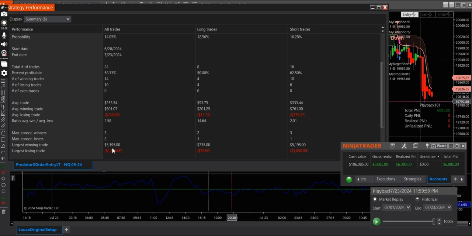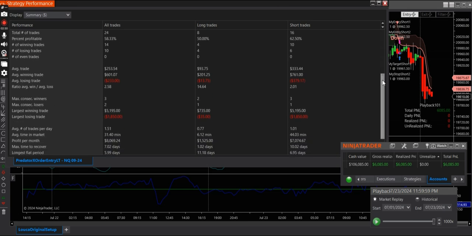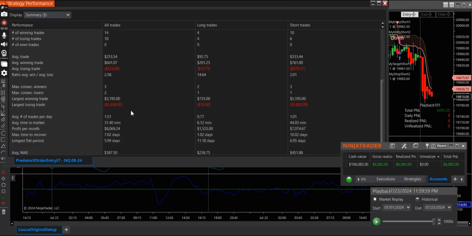Largest winning trade is 5,195, and the largest losing trade, 1,850, is what we're going to focus on to see how we can avoid this from happening. If you go down here, you see average trade per day.